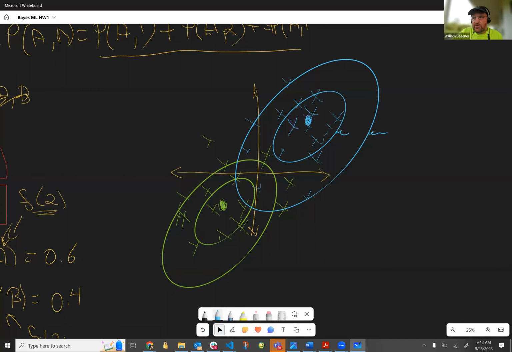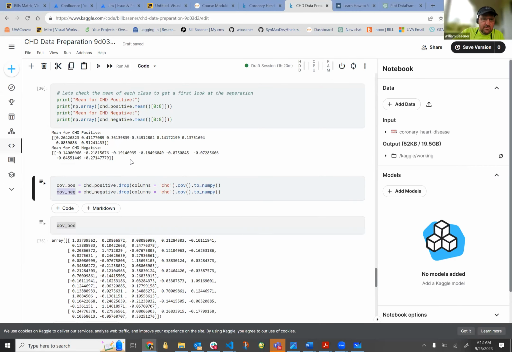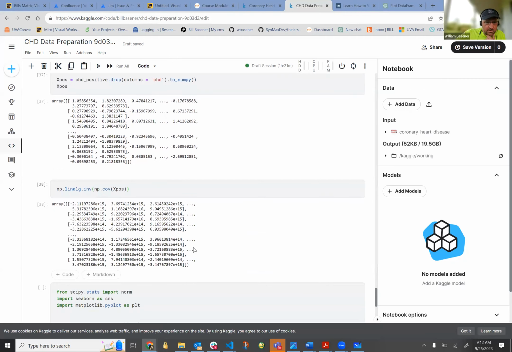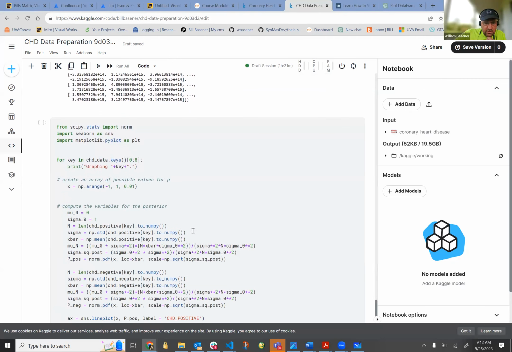And the mean and covariance for each of these, just to connect it with what we computed: this is the mean for the coronary heart disease positive class, this is the mean for the coronary heart disease negative class, the covariance for the positive class, and the covariance for the negative class. And here we just printed the covariance.